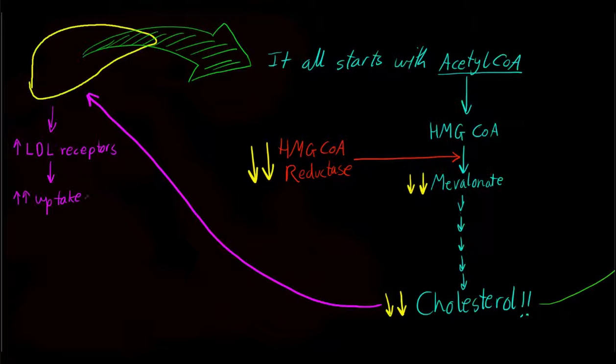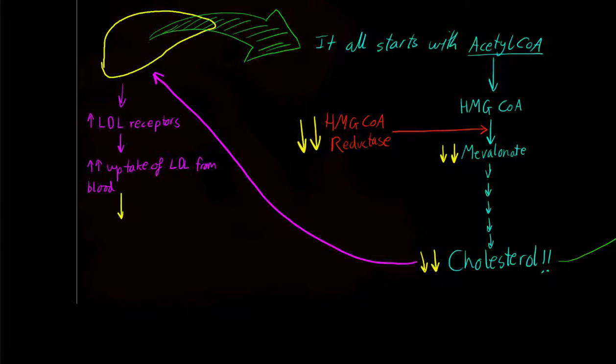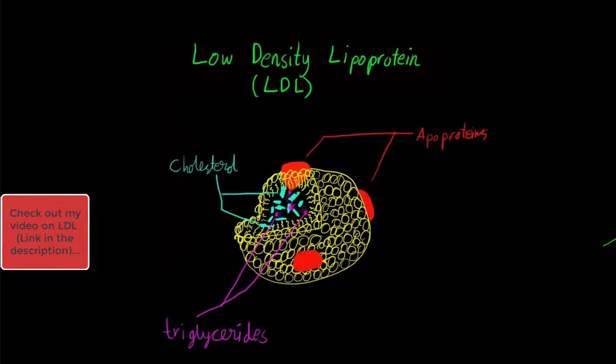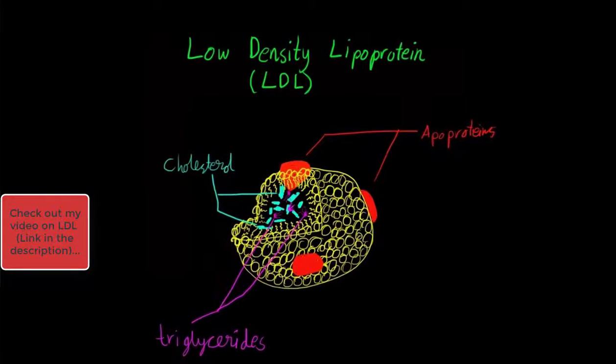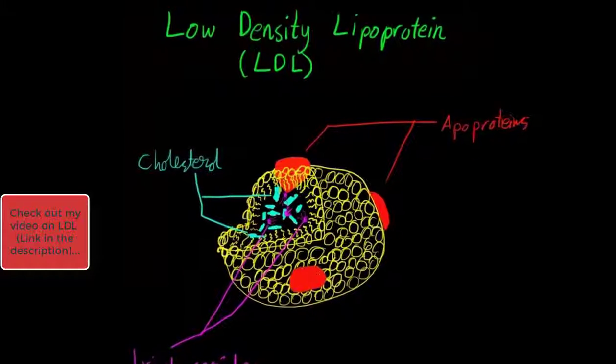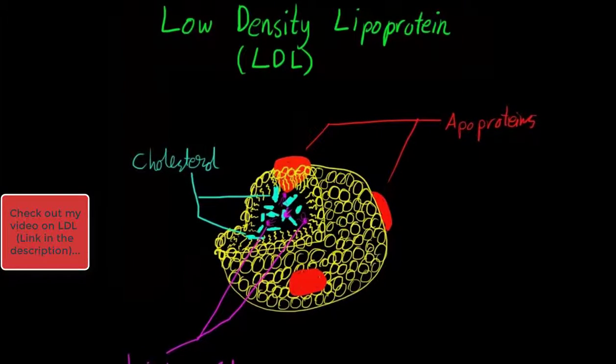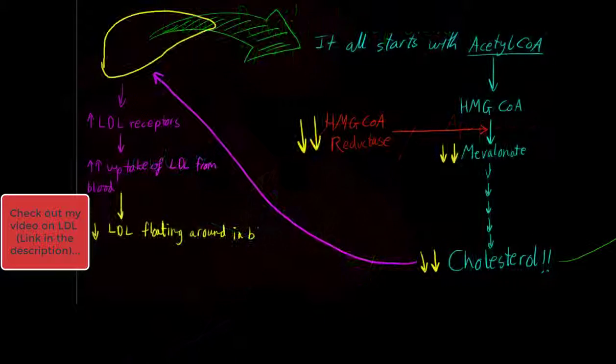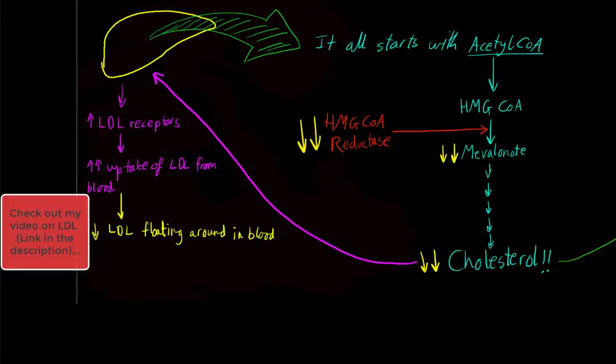So basically the liver is going to be able to sponge up more LDL from the blood. That's one way to think about it. That means that there's going to be reduced LDL floating around in the blood because the liver is taking it all up. So reduced LDL floating around in blood.